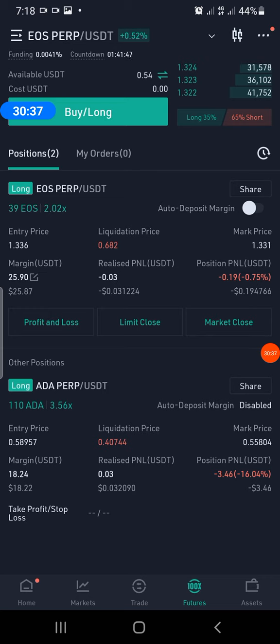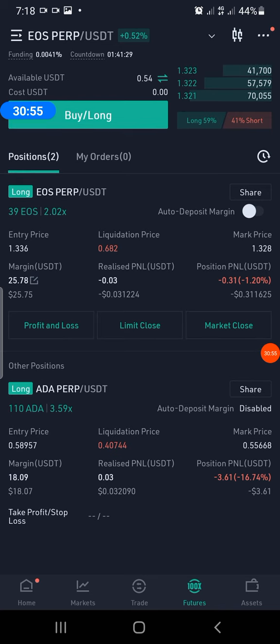I think last time I checked it was around $5 profit, but I didn't close it because my main reason for opening this trade is to long ADA until the market recovers. I want to close this trade with up to 100%. My leverage is 3.59. It keeps changing, it keeps increasing based on the market.